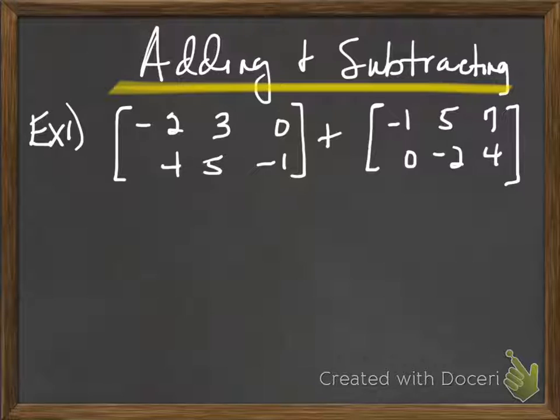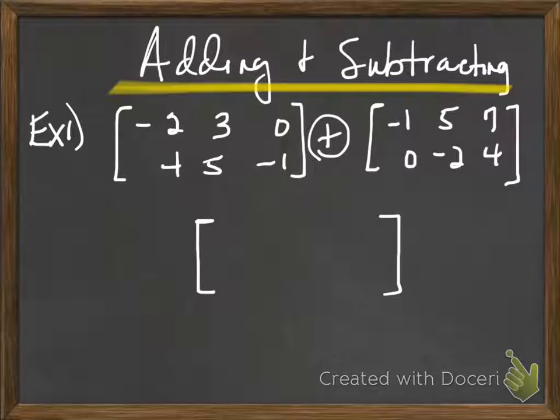Adding and subtracting work exactly the same. So I'm not going to show you subtraction, but I will just show you an addition problem. When you're adding or subtracting, your dimensions do have to be the same, and both of these matrices have 2 rows and 3 columns. So anytime you're adding or subtracting, your matrices have to be the same, and you'll just add or subtract depending on what the sign is between your 2 matrices.